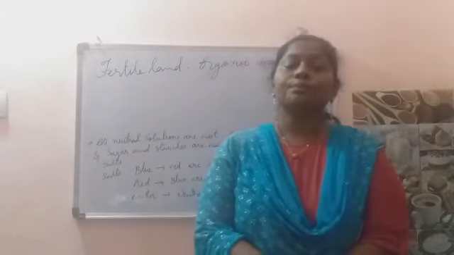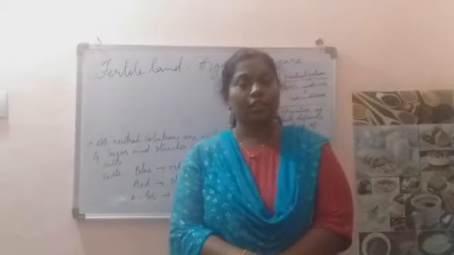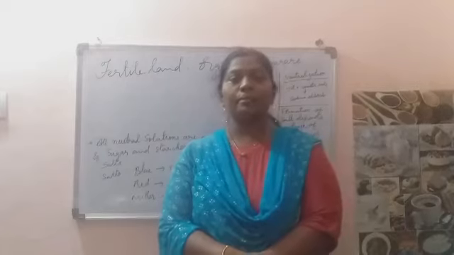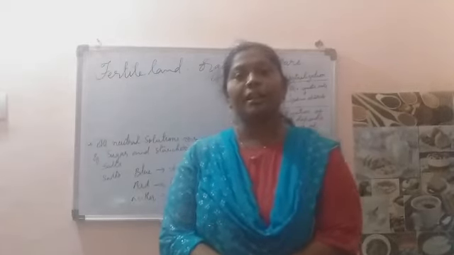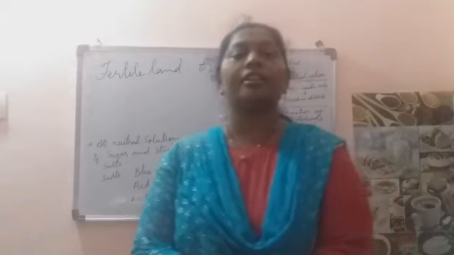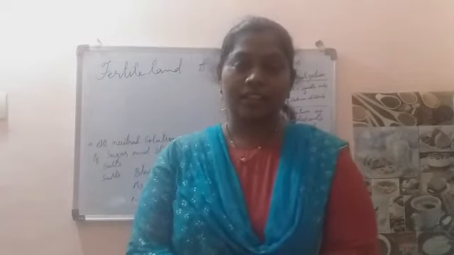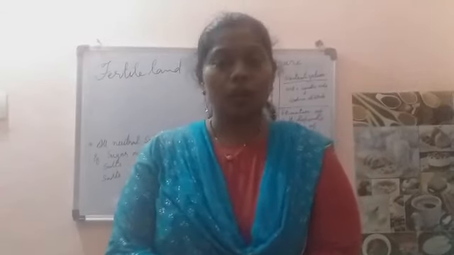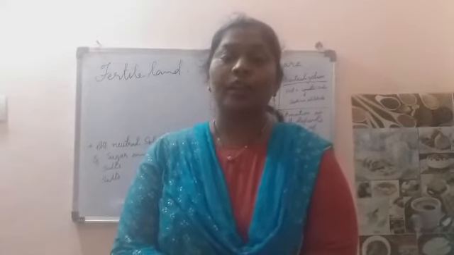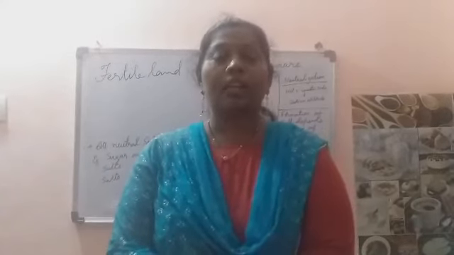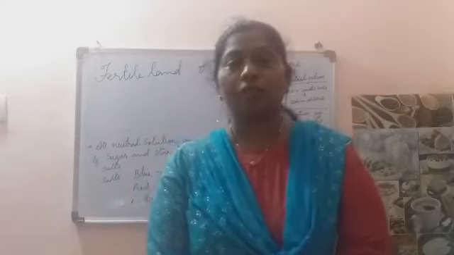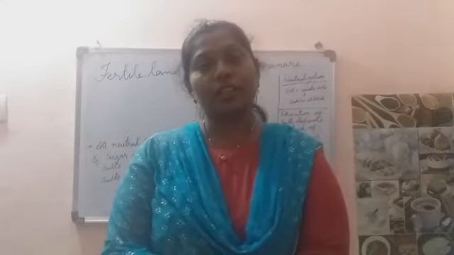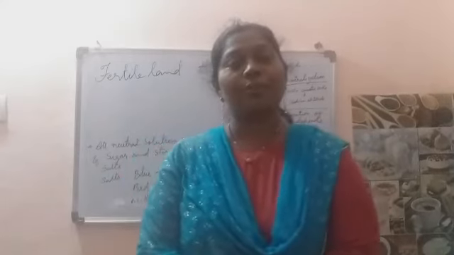So children, these are very important topics in this lesson on acids and bases. I hope that everybody has understood the lesson very clearly. Is it children? Okay. Do try all the experiments under your parents' supervision. And once we get back to our school, we will perform all these activities or experiments in our science laboratory.